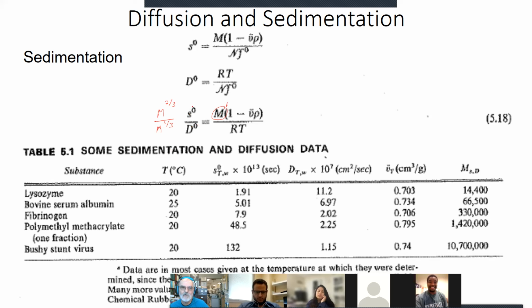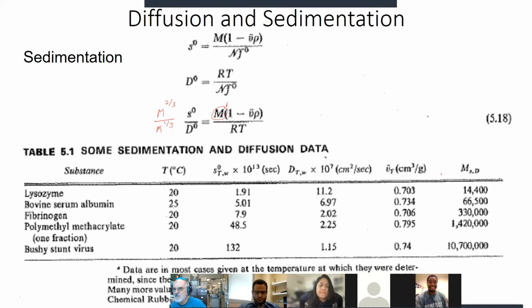Okay, this gets brought up into the top and we can actually add these together. So S goes as the 2/3 power for a sphere. D goes as the 1/3 power for a sphere. That dependency varies with hydration, it varies with charge, it varies with shape. Okay, but generally speaking, those are simple starting points for interpreting S values and D values and their molecular weight dependencies.